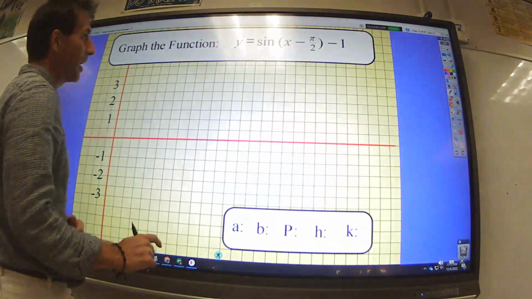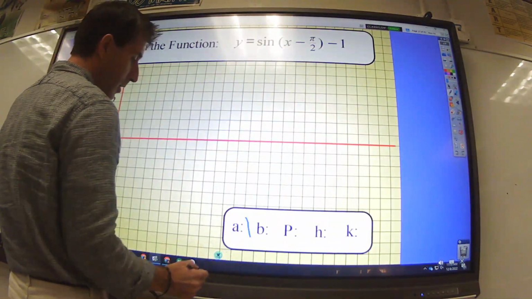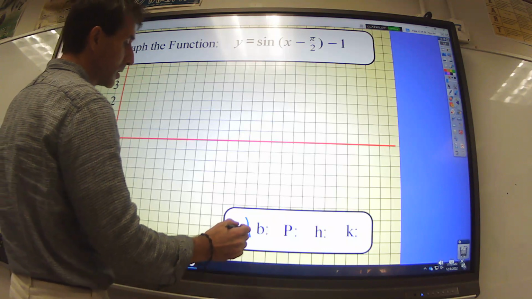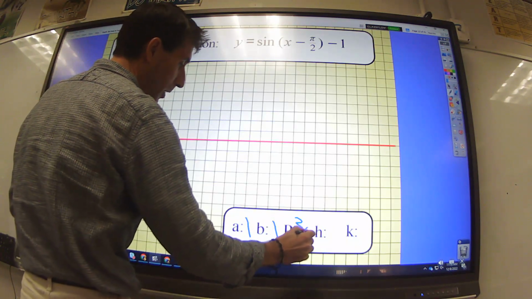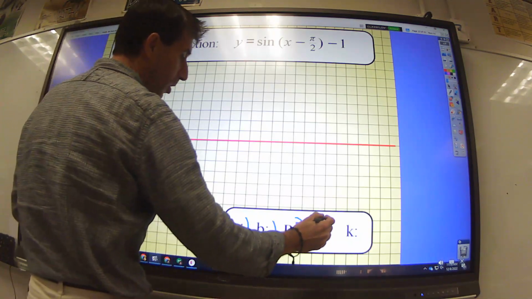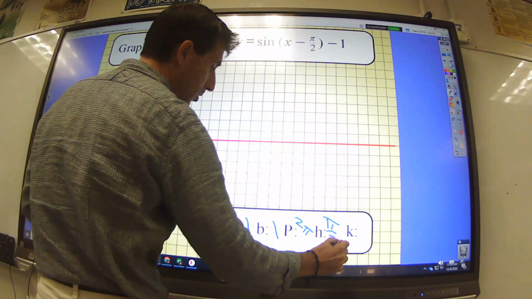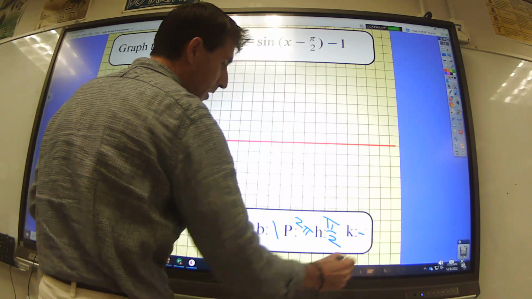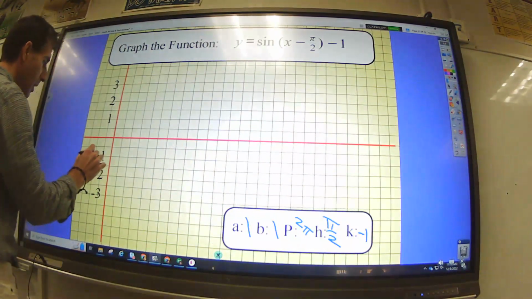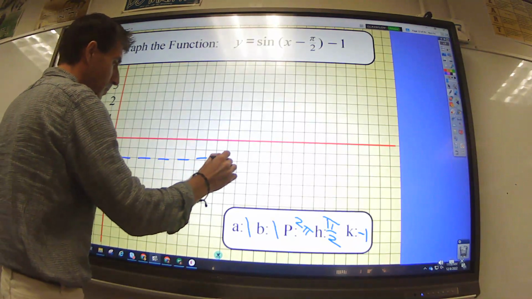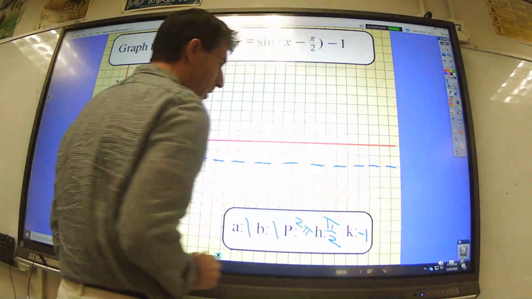All right, let's label everything. I got A is 1, B is 1, period is 2 pi, h is pi over 2, and k is negative 1. So I'm going to hit my negative 1 right there.